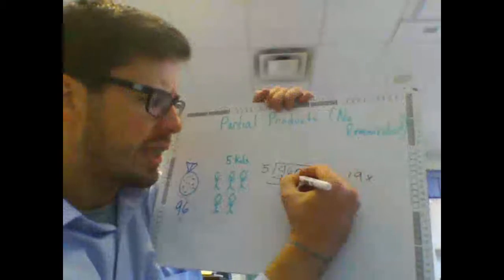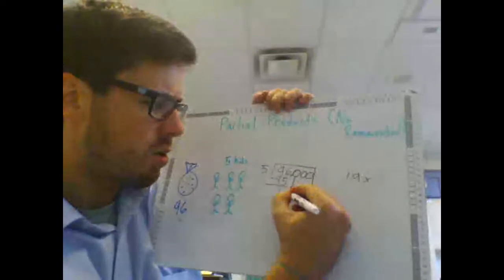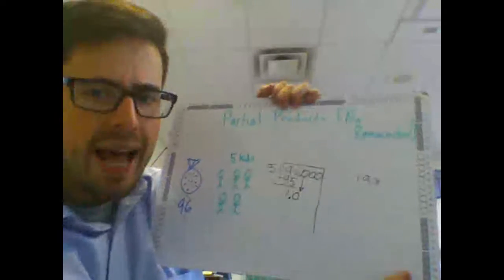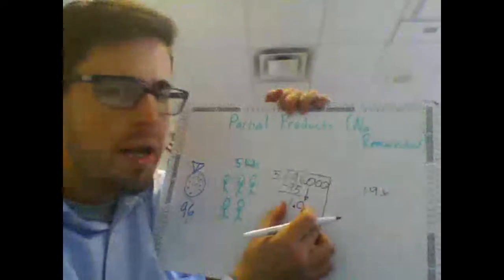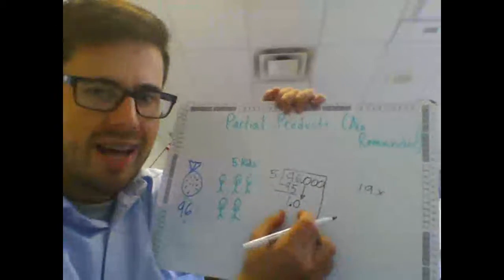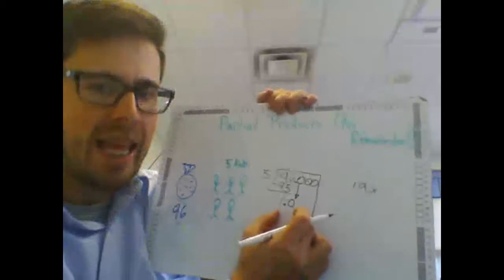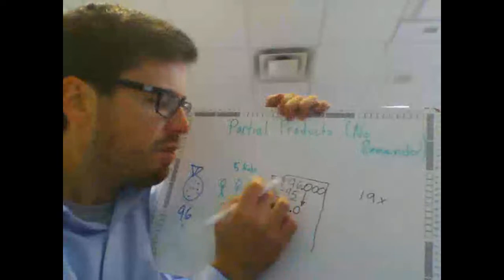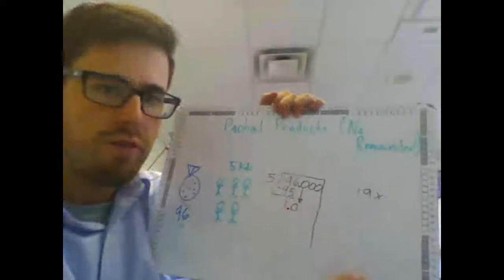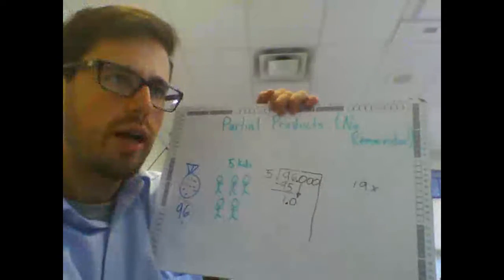Now I'm going to bring down one of my zeros down here, so that instead of dealing with one marshmallow left over, this looks like 10. So now I can ask myself, if I'm splitting 10 into 5 groups, how many would I be able to give?